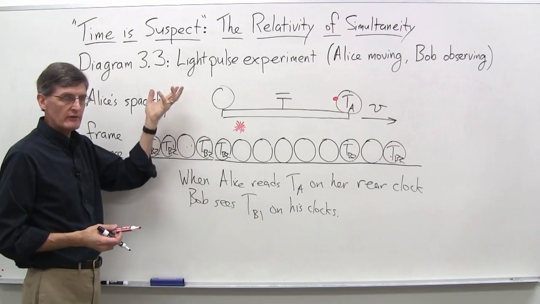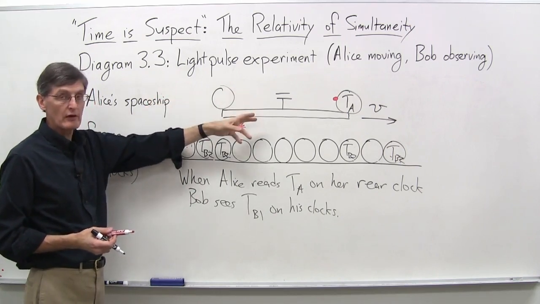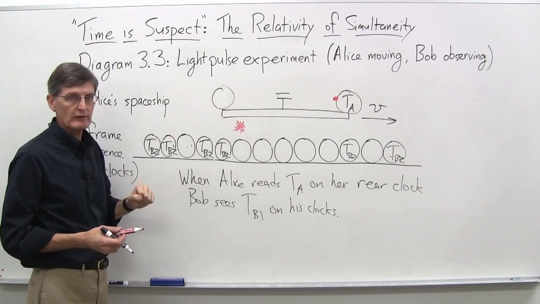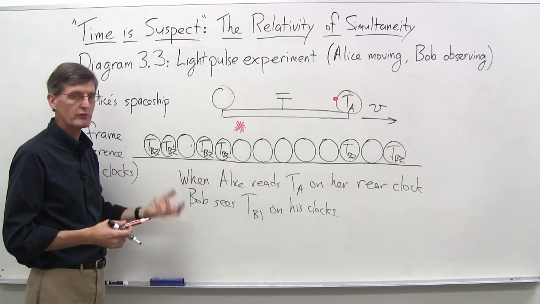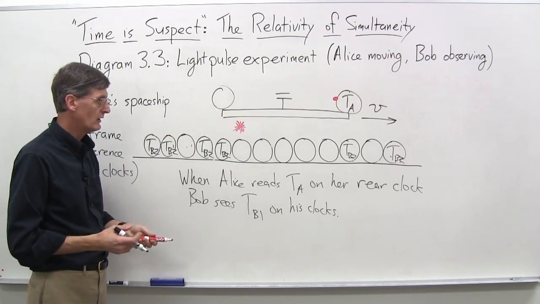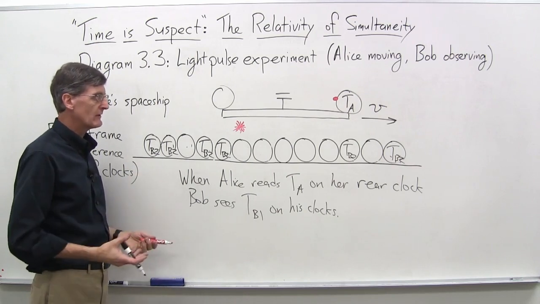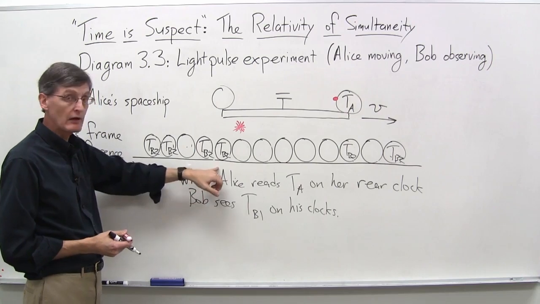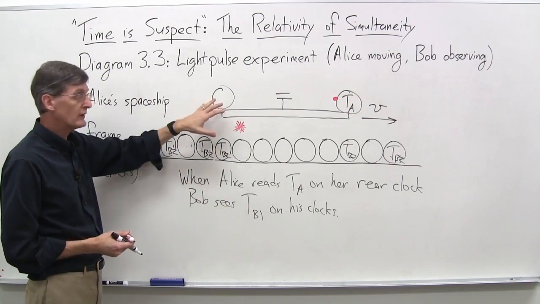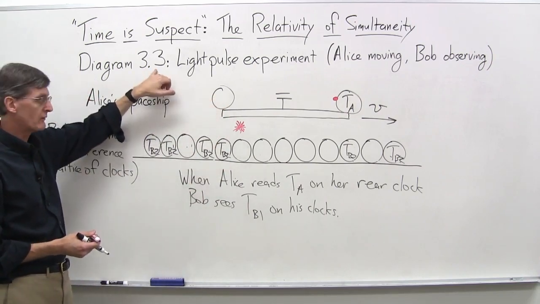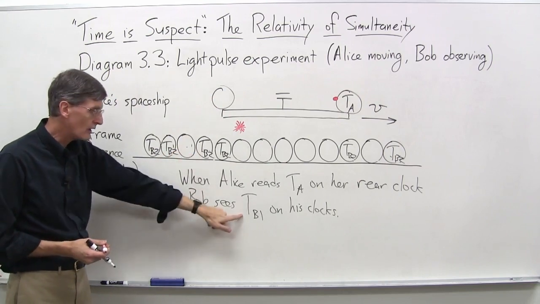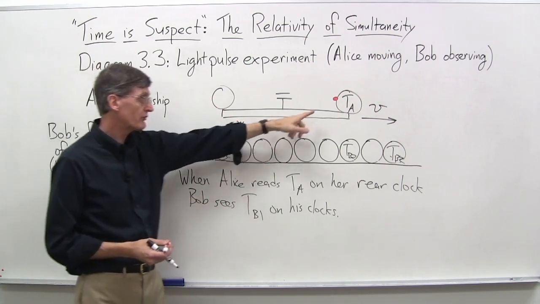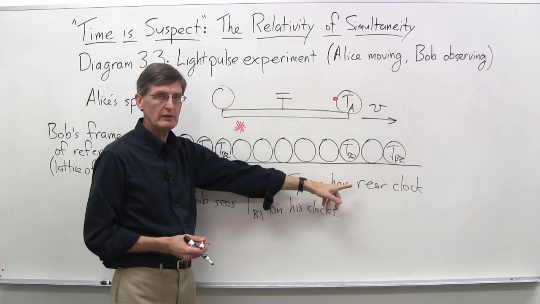Alice thinks that according to her clocks, both the light pulse hits were simultaneous. Both her clocks read T sub A at that point. Bob is saying, Alice, you messed up on your synchronization of your clocks, because clearly by my clocks, this first light pulse hit back in diagram 3.2 occurred at TB1. The second light pulse hit occurred at TB2.